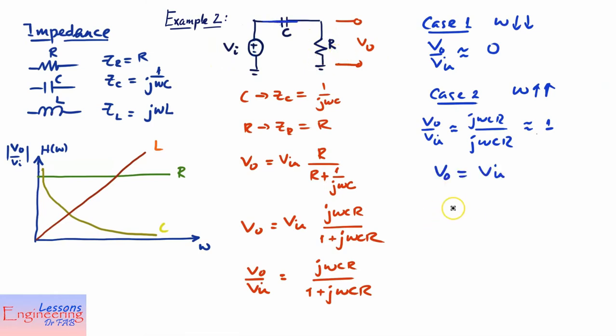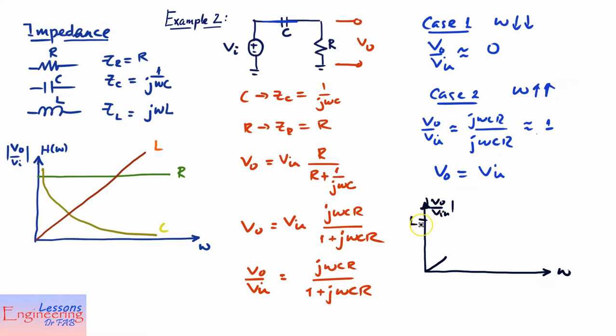Then we can graph this. We have omega, and we have V out over V in. We are interested in the magnitude. For low frequency it's almost 0, and for high frequencies the ratio will be 1.